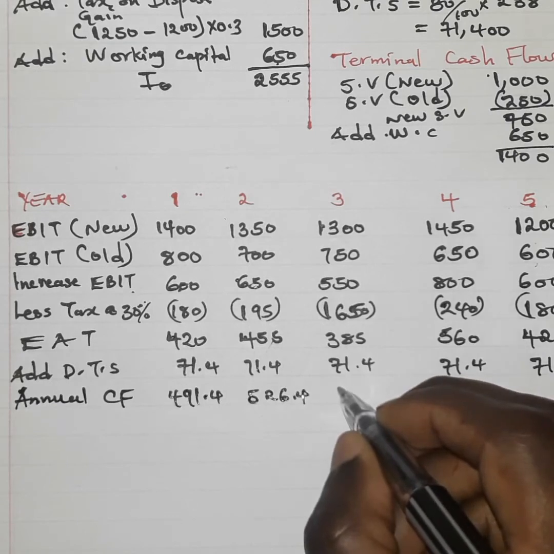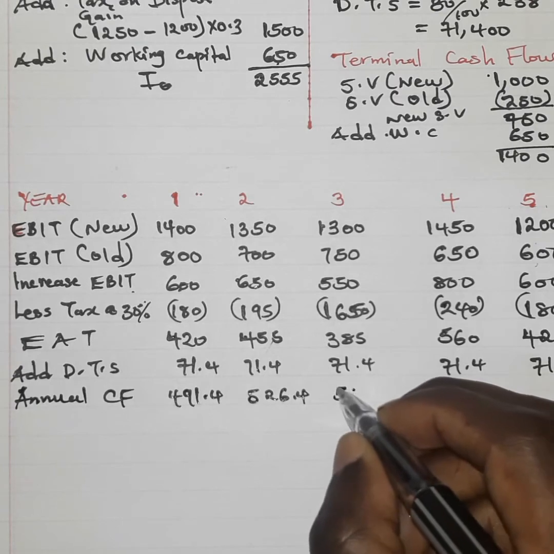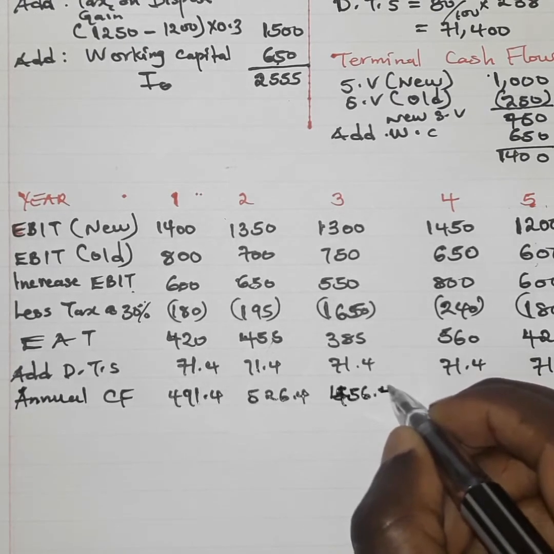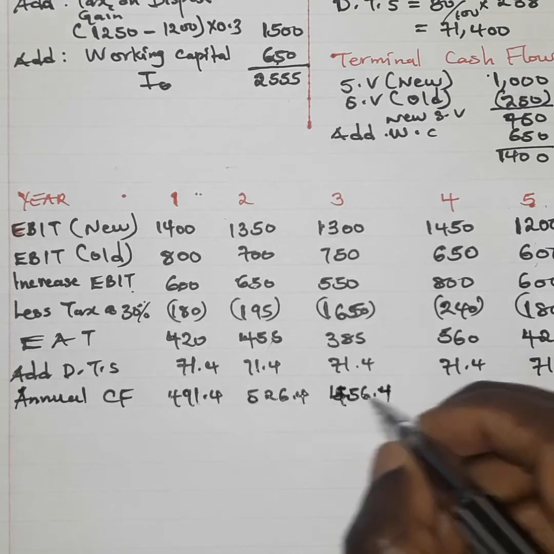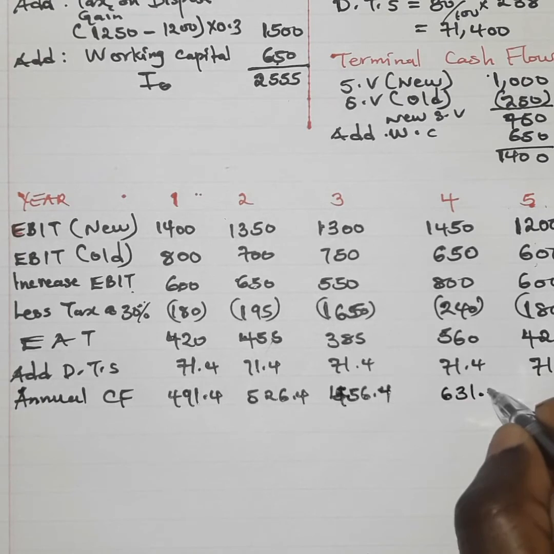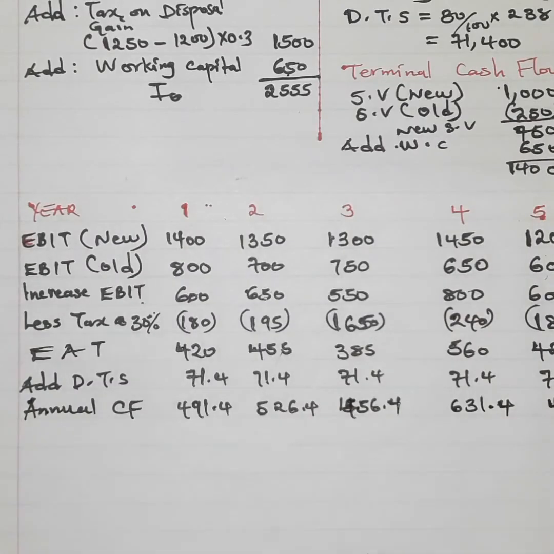Here we have 5, so it is supposed to be 456.4. Here 631.4, then 491 again, 91.4 for the last value.